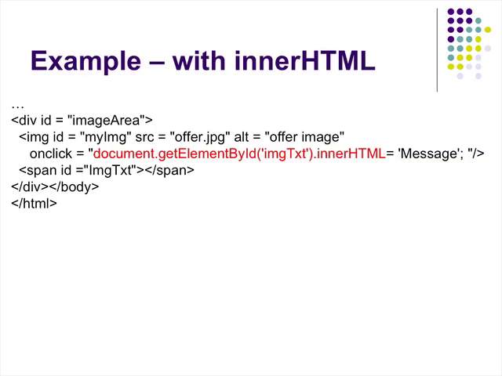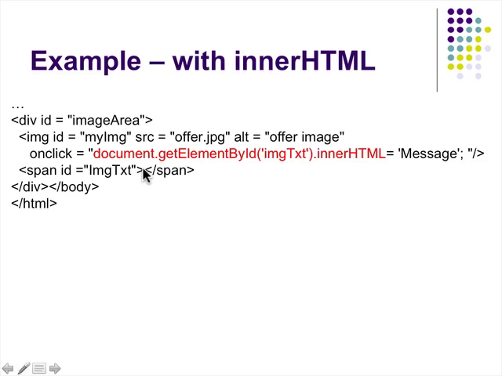So in other words, if we go back to that example that we had before, now what we're going to do is on click, we erase what we had before, we've changed it so that this time it will get the element by ID. Which element? Image text element, in other words this element here, and it will make the innerHTML of this element equal whatever that message is.